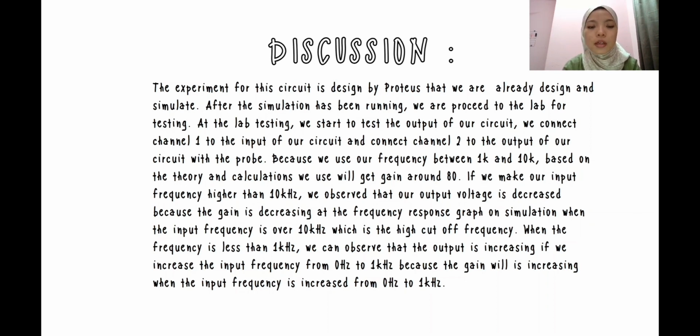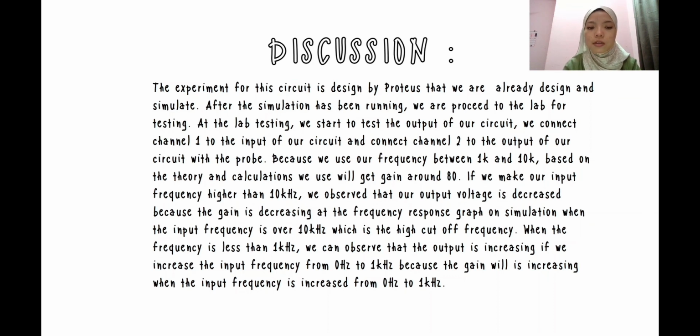with the probe. Because we use our frequency between 1K and 10K, based on the theory and calculations, we will get a gain around 80. So if we make our input frequency higher than 10 kHz, we observe that our output voltage is decreased.